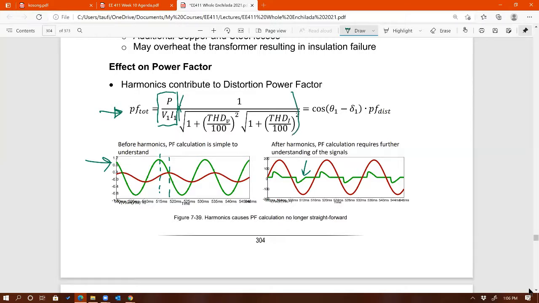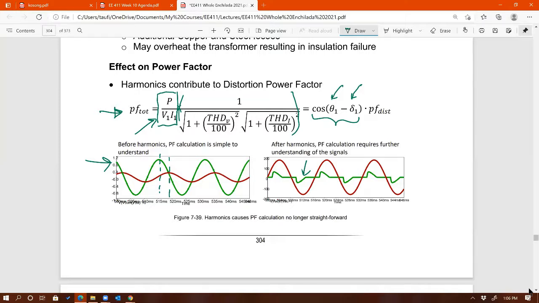The first term relates to the original power factor, P over S. That's just the fundamental component, V1 times I1, the phase angle between the fundamental component of the voltage and the fundamental component of the current. The second term has to do with what we call distortion power factor, right? That would take into account harmonics, right?